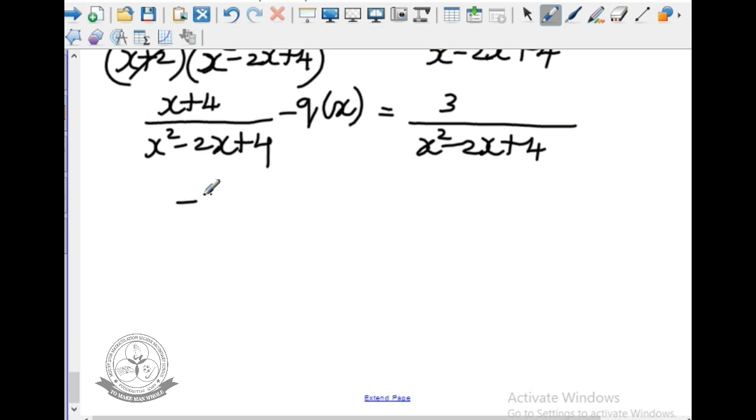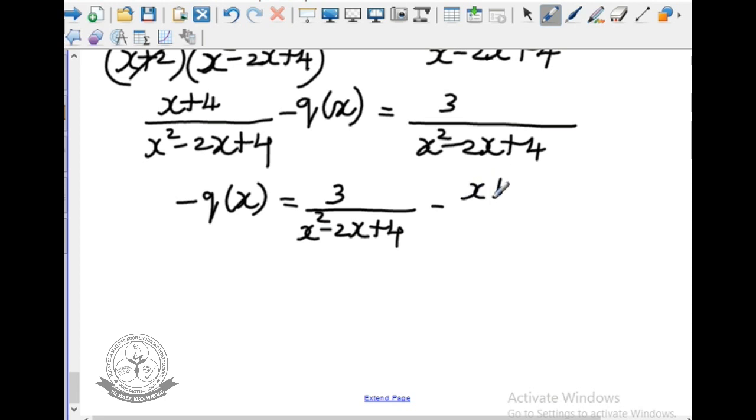So keep minus q of x, bring the other term to the other side. So 3 by x squared minus 2x plus 4 minus x plus 4 divided by x squared minus 2x plus 4.